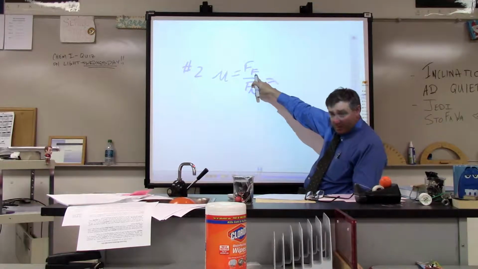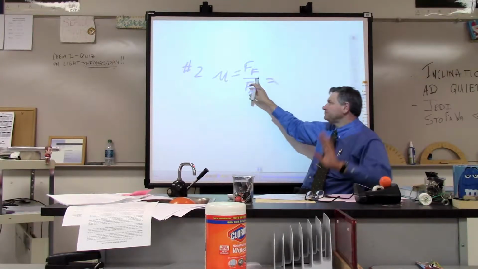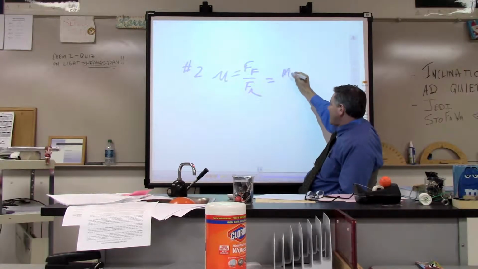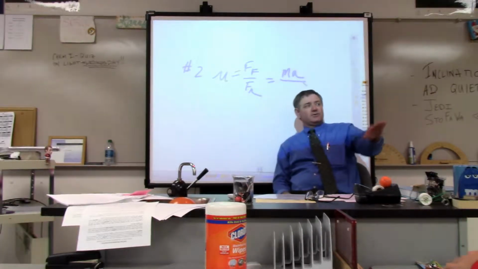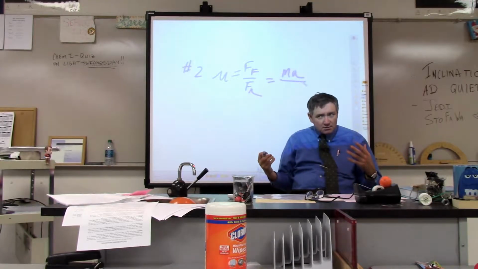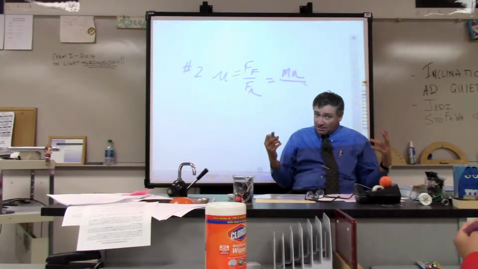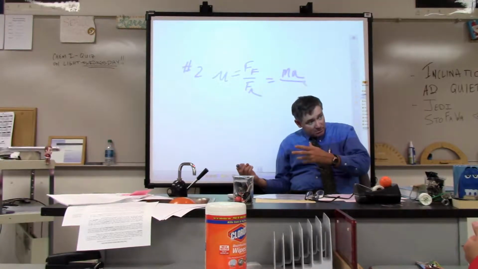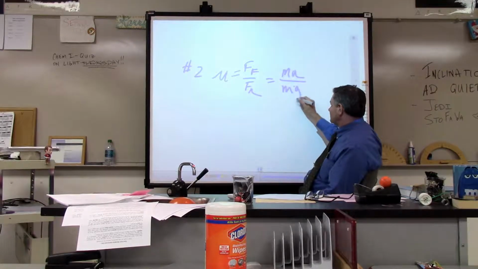So on number 1, you found the acceleration. I'm just going to show you a shortcut way to find mu. Well, that force friction is mass times acceleration. On a flat surface, how do you find your normal force? It's the same as Fg, and Fg is found by multiplying mass times your gravitational acceleration, so this is basically mg.